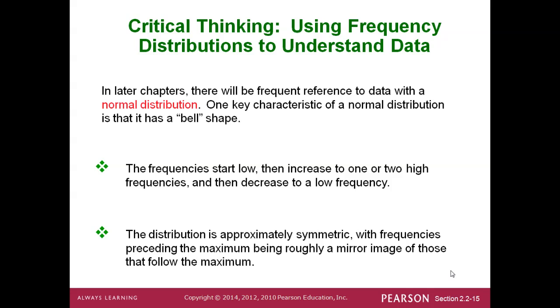A normal distribution is symmetric, meaning it's about the same on either side of the middle, the mean, mirror images on those things. So you can look at a frequency distribution and get a general idea, is this pretty close to a normal distribution? Just to give you a heads up, guys, this is stats, it's a little different than algebra.